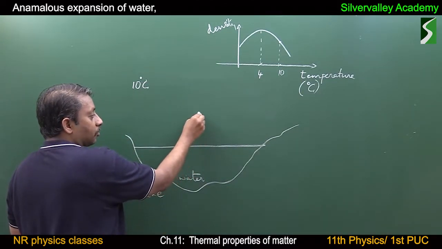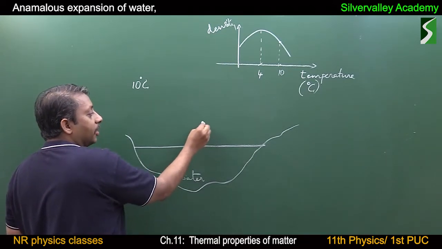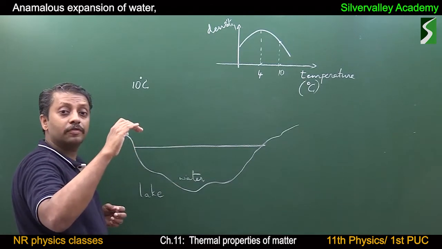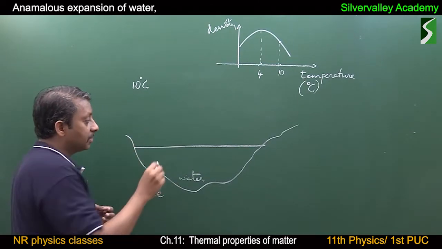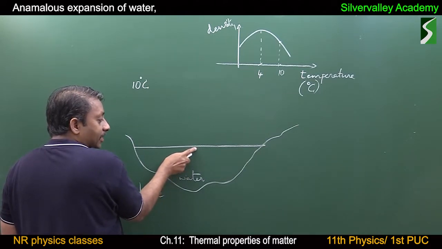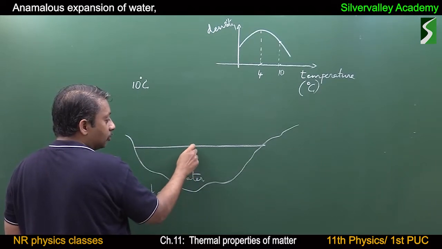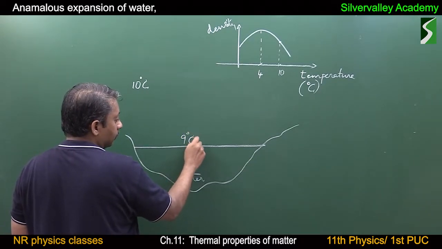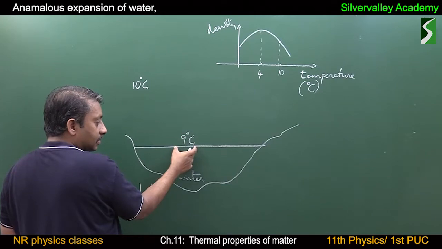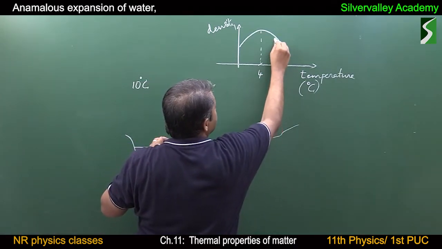Water is exposed to atmosphere, so surface of water is in contact with atmosphere and temperature of air decreases, means temperature of water also decreases because heat loss takes place from water to atmosphere. If temperature decreases to 9 degrees Celsius, now this portion is 9 degrees Celsius, density is more.